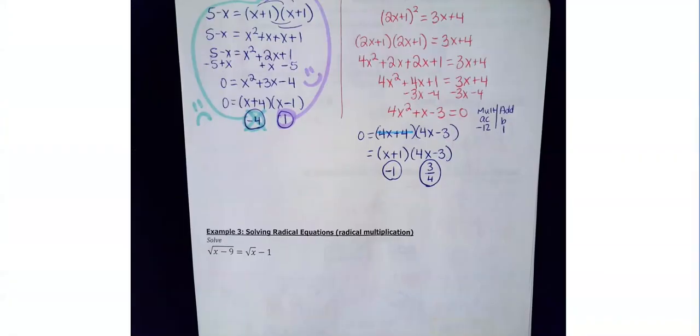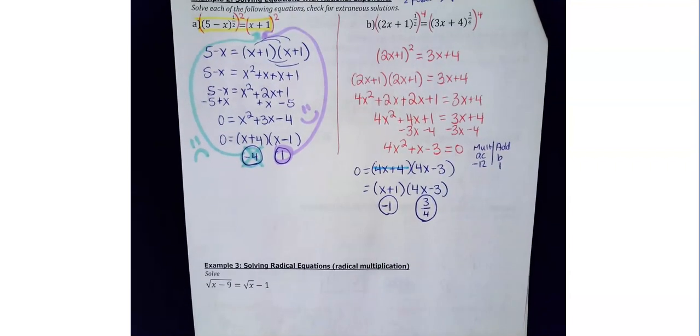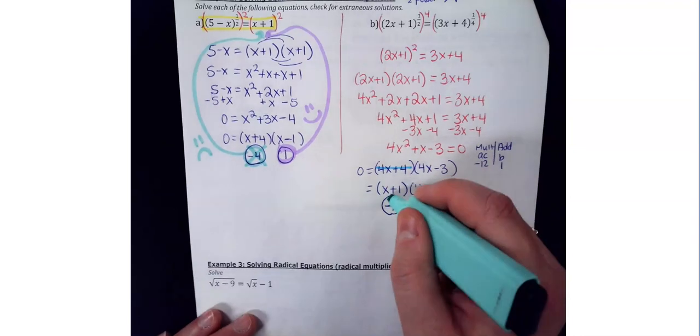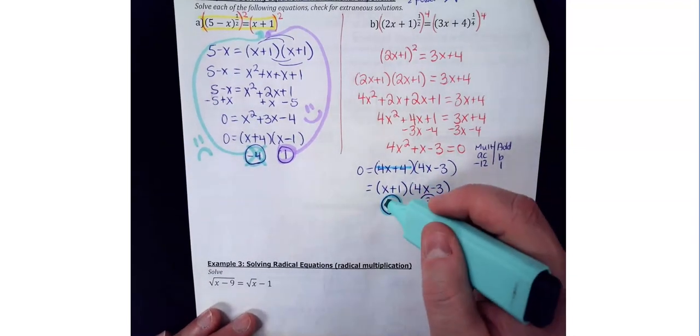Okay, you do have to check these just real quick. On the left side, that 1/2 power is a square root, and on the right side, you've got a 1/4 power, that's a 4th root. You cannot get a real solution if you take the square root or the 4th root of a negative number. If I plug in either side and it screws up either side, you're done.